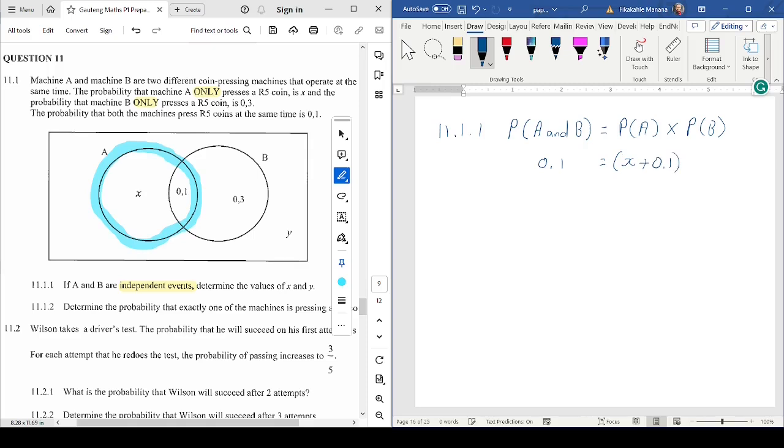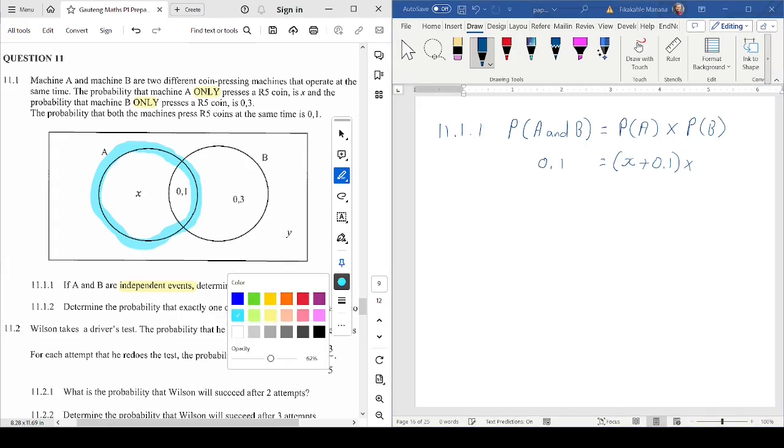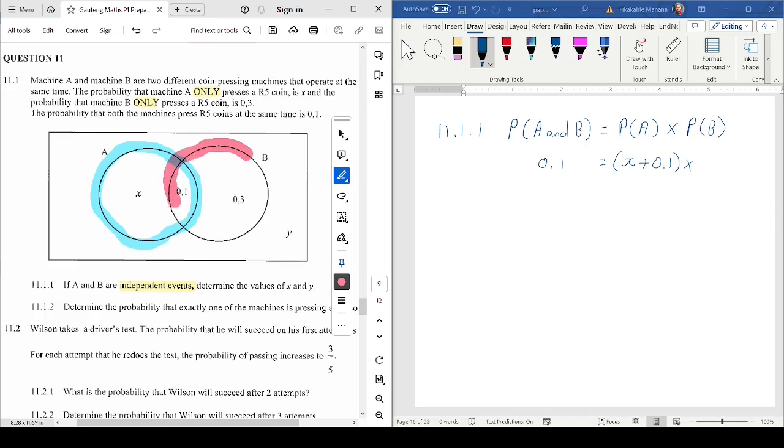That's very important to understand. Now, when we look at the probability of B, likewise, we're looking at the entire circle. So the probability of B is 0.1 plus 0.3. It's very important to understand.